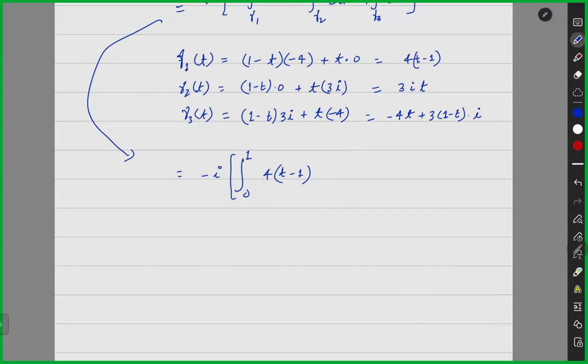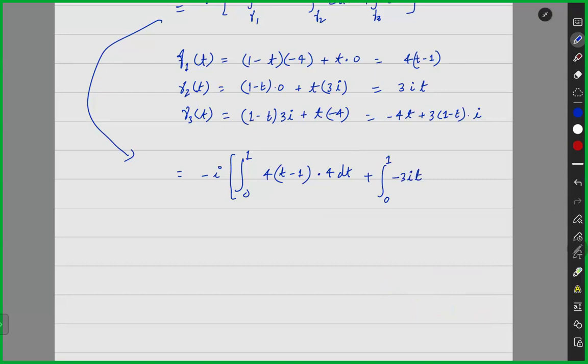4t minus 1 into 4 dt plus 3it. So we are going to write minus 3it because we are looking at z bar. Minus 3it.